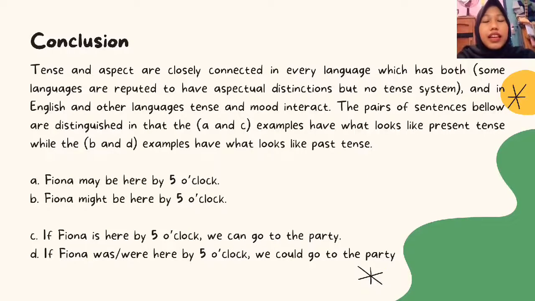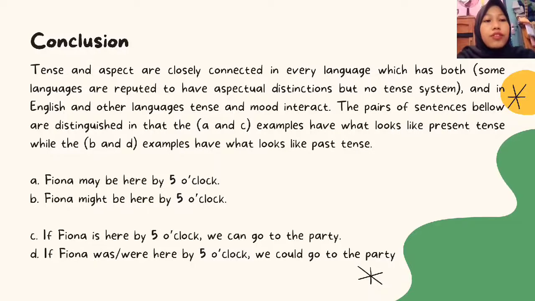Conclusion. Tense and aspect are closely connected in every language which has both. Some languages are reputed to have aspectual distinctions but no tense system. And in English and other languages, tense and mood interact.